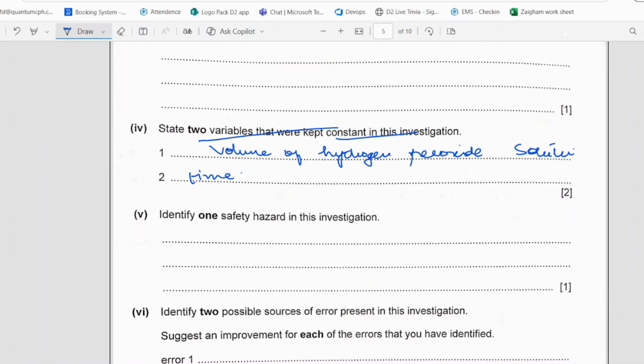You can write that. So what do you need to do? Wear gloves. So hydrogen peroxide is toxic. Wear gloves. Yes.